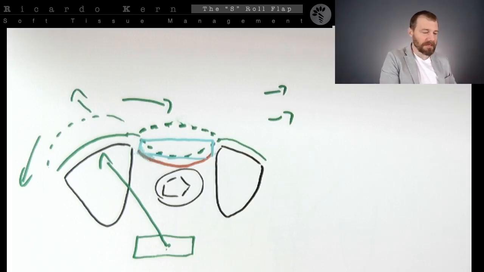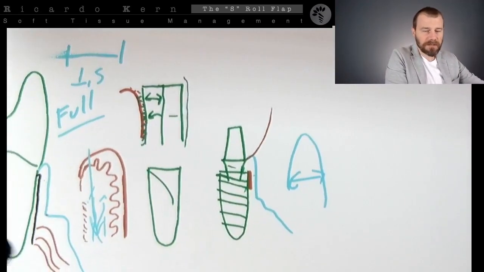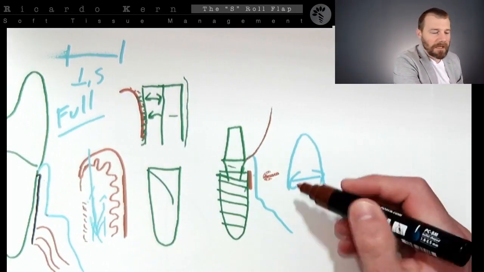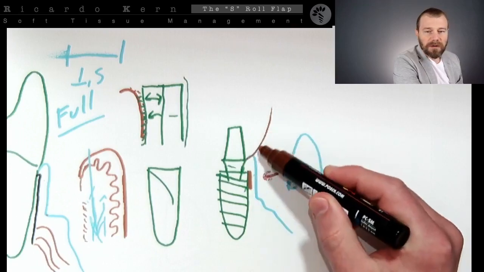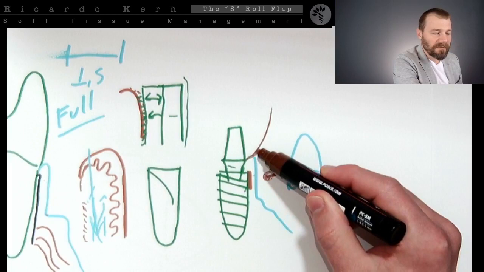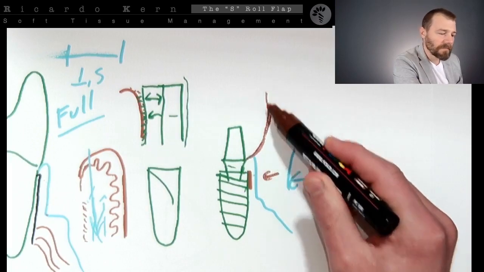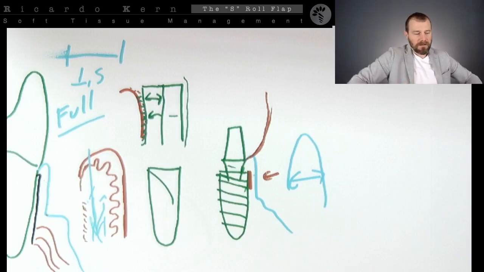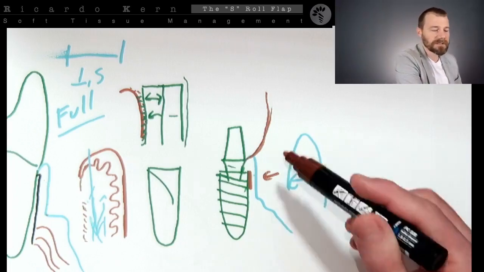Implant especially, because if you remember this situation, usually if you lack volume on this area and you need to tunnel or split this area, look at the emergence profile that you have on the crown. So you have a very fat emergence profile, a long rounded emergence profile.